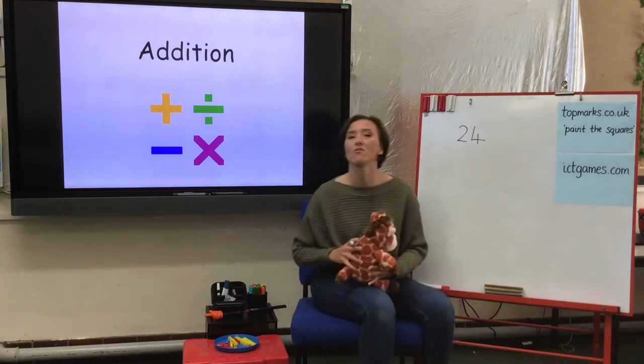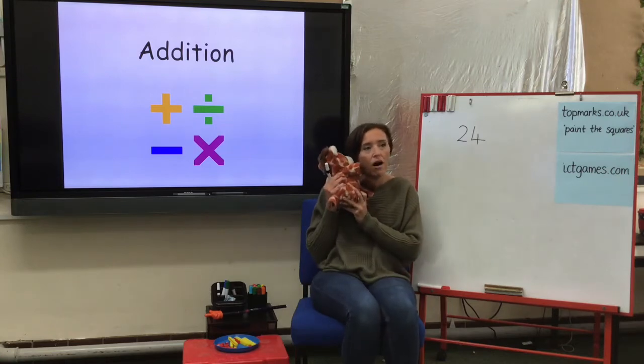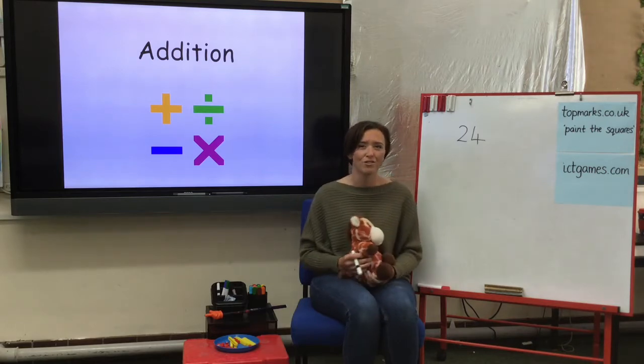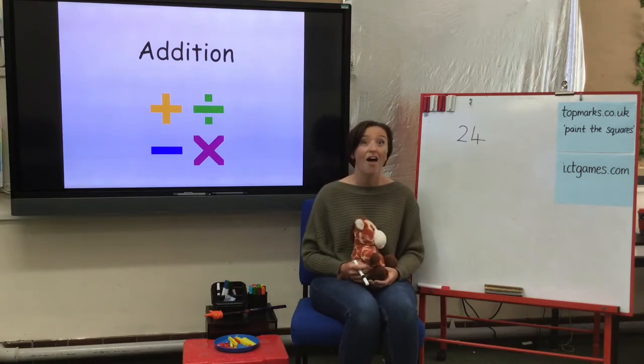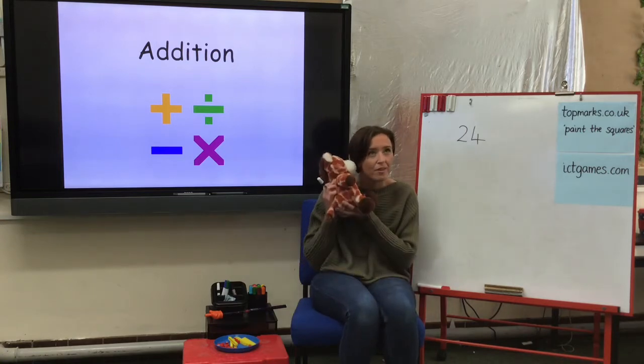Okay, so let's see if you can guess what Gizzy's number is. So Gizzy's going to whisper. Okay, Gizzy's number has 3 tens and 5 ones. What's Gizzy's number? 35. Well done. Next one.